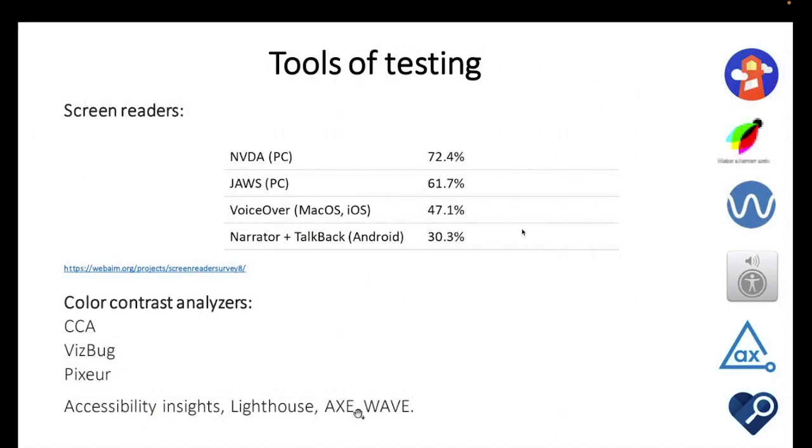Okay, popular tools like axe or WAVE or Accessibility Insights or Lighthouse from Google, which is integrated into Google Chrome. It's just a perfect thing to know.